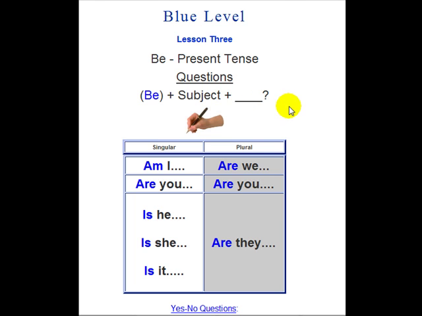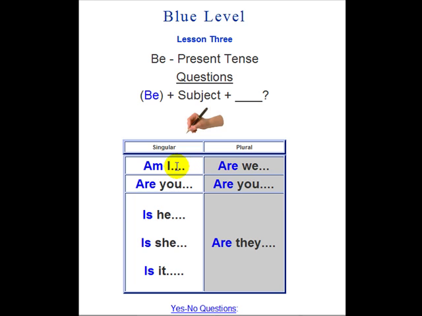Here we have a chart which gives us that arrangement in singular and plural form. We have am I. The difference here is that we essentially put the verb before the subject, before the pronoun, in order to make a question.